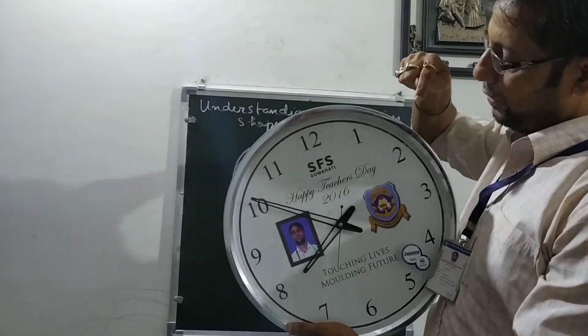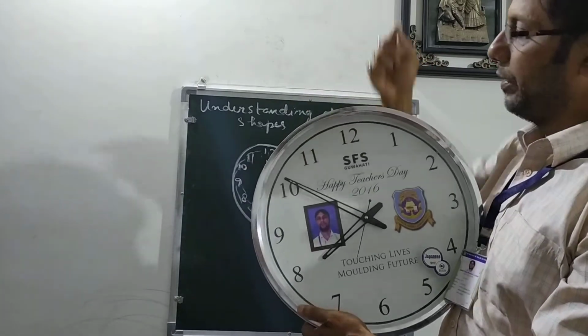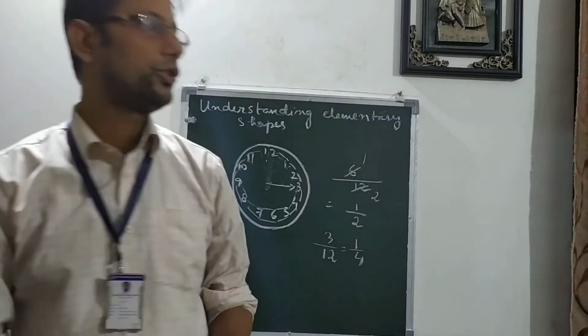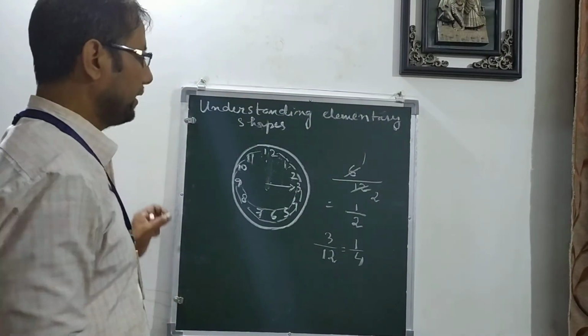So 9 parts are there. What fraction will it go, students? It will go 9 by 12 if it moves from 1 to 10.